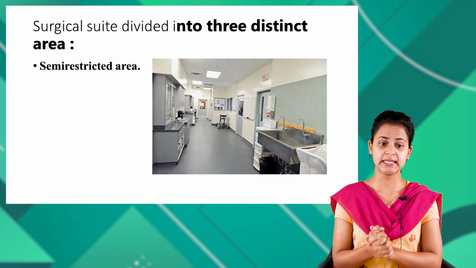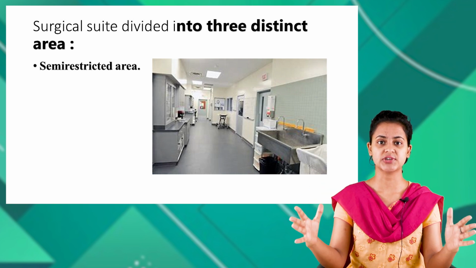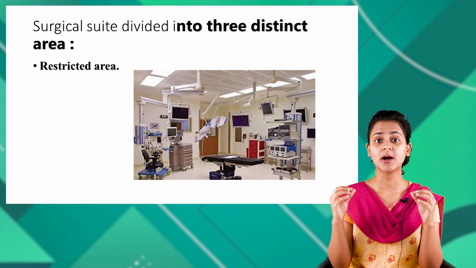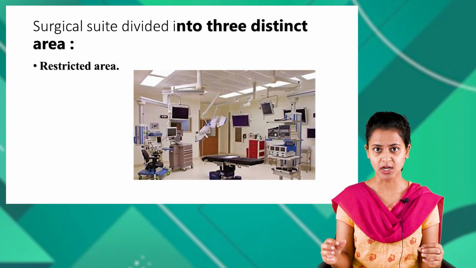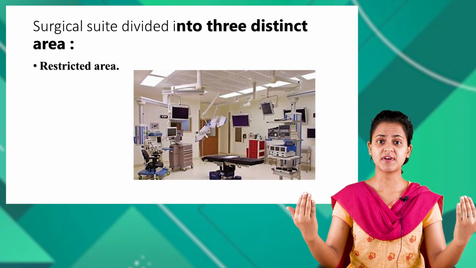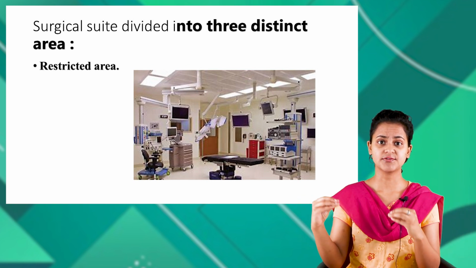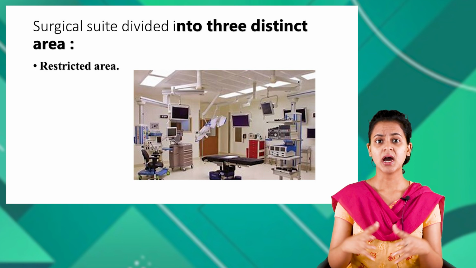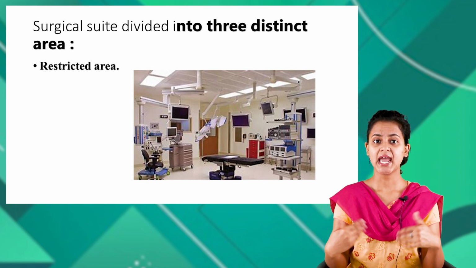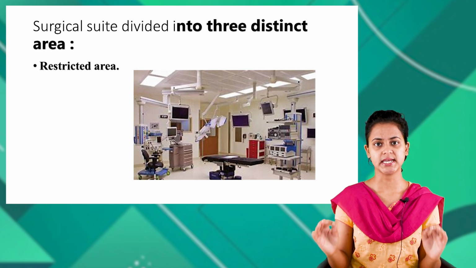The next one is a semi-restricted area, and the third area is a completely restricted area. So I hope you are clear now that the surgical unit will be divided into three distinctive areas. It includes an unrestricted area, a semi-restricted area, and a complete restricted area.